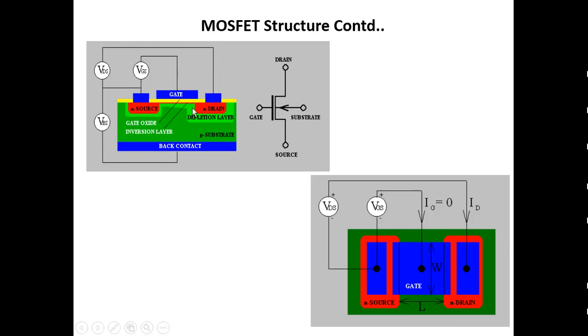That current is controlled by the gate source voltage, the voltage between the gate and source, because the electrons available here depend upon the voltage applied, that is, the electric field produced by the gate source voltage applied.